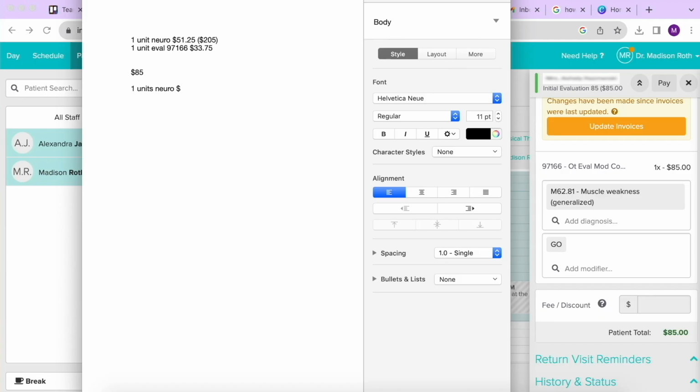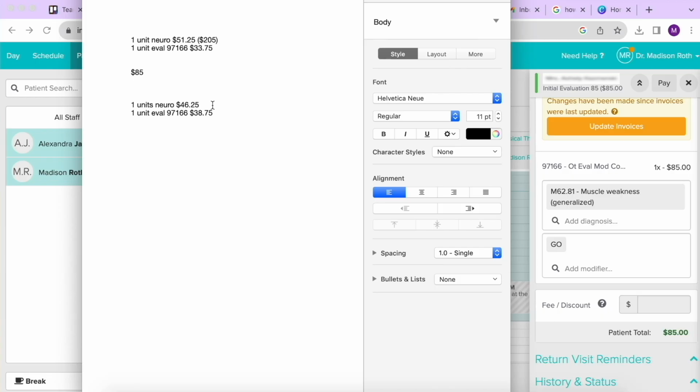Now for the eval, we're billing their 1 unit of neuro at 46.25, and then the eval, 1 unit, 97166, needs to make up the rest of 85. So 85 minus 46.25, the eval is going to be 38.75.